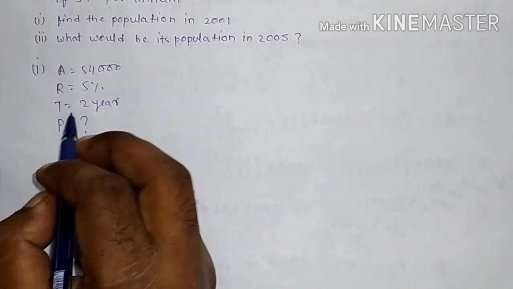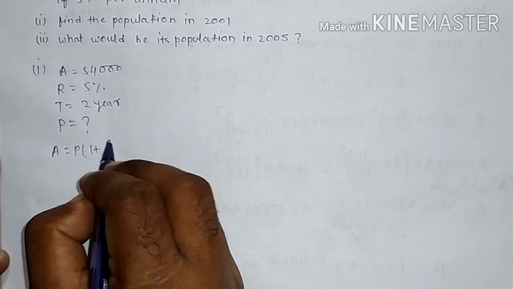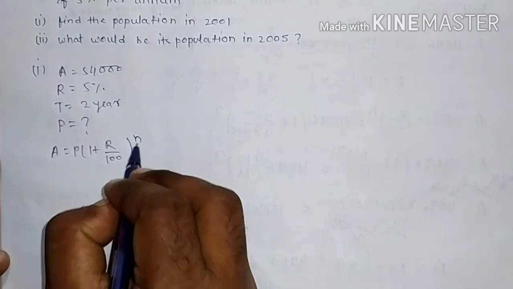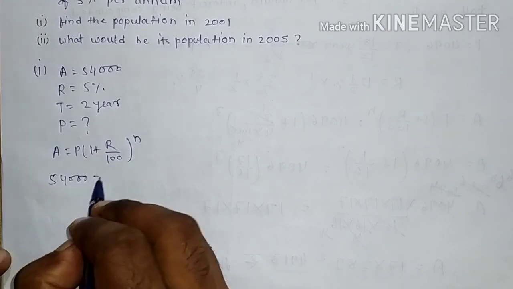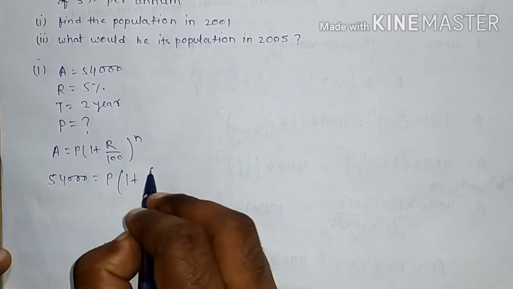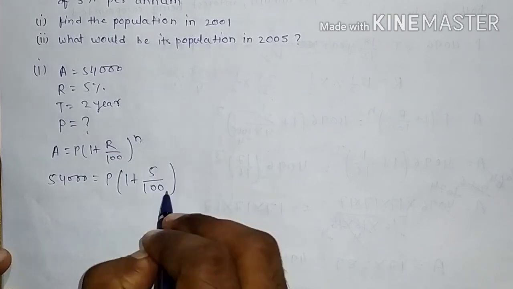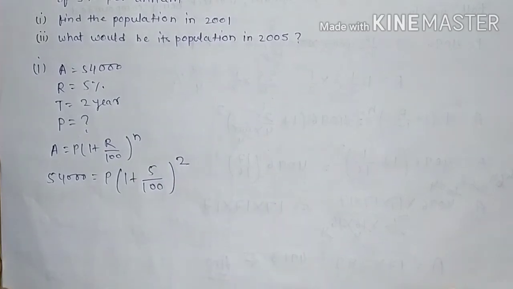Now let's put the value in the formula, that is A equals to P(1 plus R upon 100) to the power N. So amount is 54,000 equals to P, we have to find. So 1 plus R, given 5% upon 100, to the power N. N is 2 years. So this is 2.